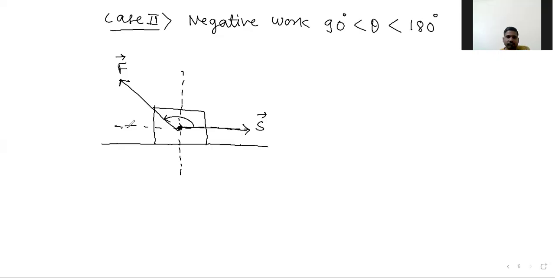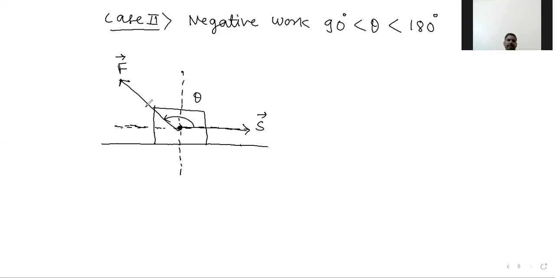Now what happens? See, up to this is 90. So the whole angle is theta, which is greater than 90 and less than 180. Now this is the 180 line and up to this is theta.